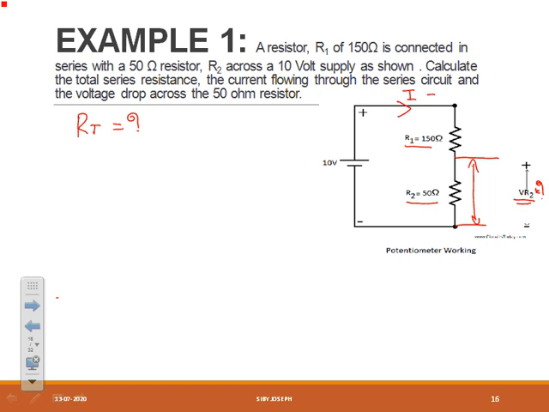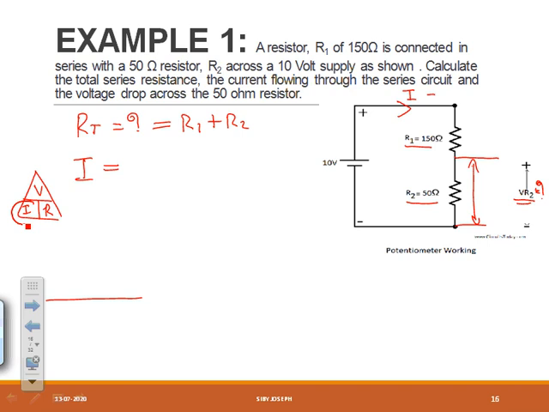So what is R? R1 and R2 are in series, so RT is equal to R1 plus R2. And what is the current I? The formula for current I is by using Ohm's law. As I mentioned earlier, we draw the triangle like this: voltage is upper, current I and resistance are lower.